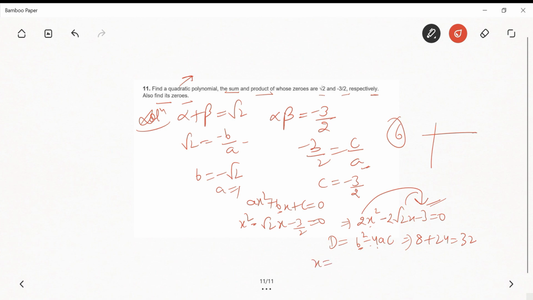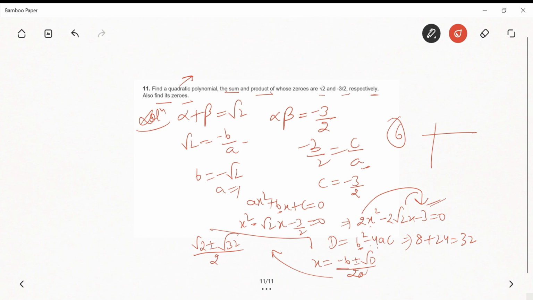That means x is equal to minus b plus minus root d divided by 2a. Okay. Now if you solve it, you will get minus b, that is, the value of b is minus root 2. So plus root 2 plus minus root 32 divided by 2 into 1, that is 2 itself.